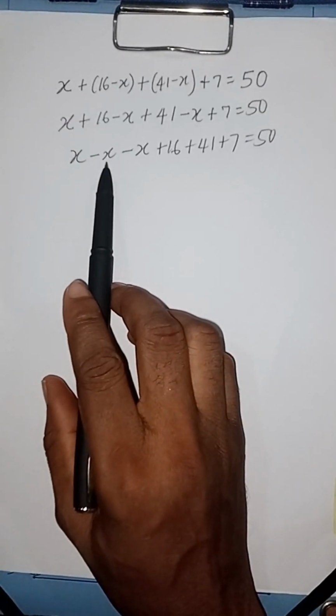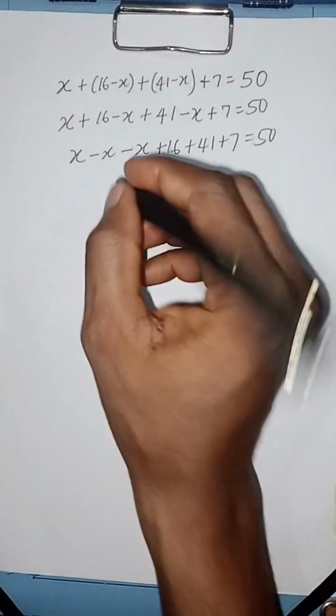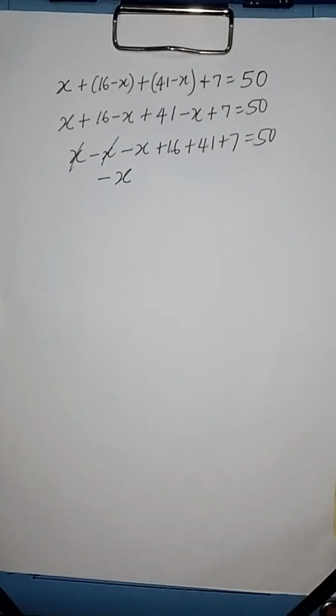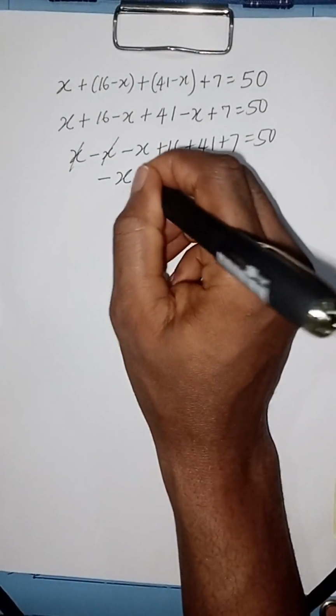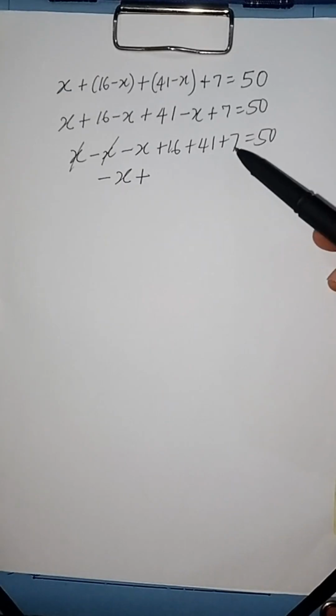X minus X is 0. So you'll be left with minus X. So these are gone. Then plus 16 plus 41, that's 57. Plus 7, that's 64.